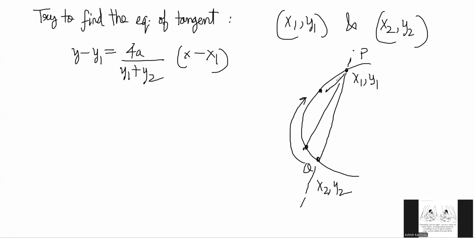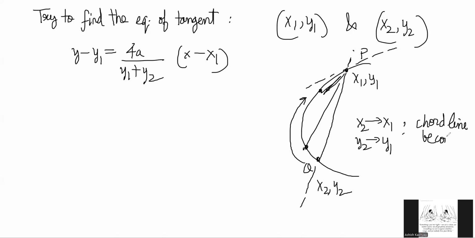And in the limiting case where x2 tends to x1 and y2 tends to y1, you will realize that the chord line becomes the tangent line, right? So if that happens, you can realize here that y2 tends to y1.